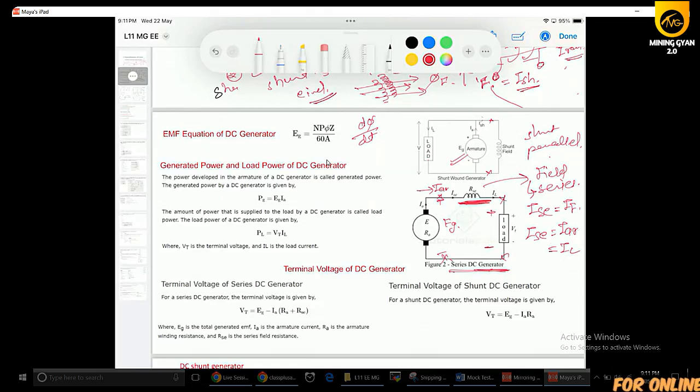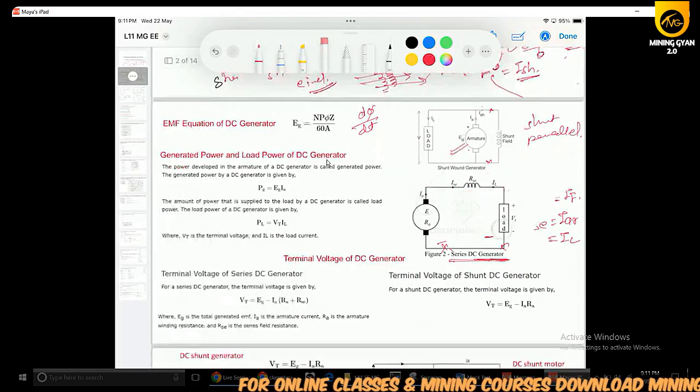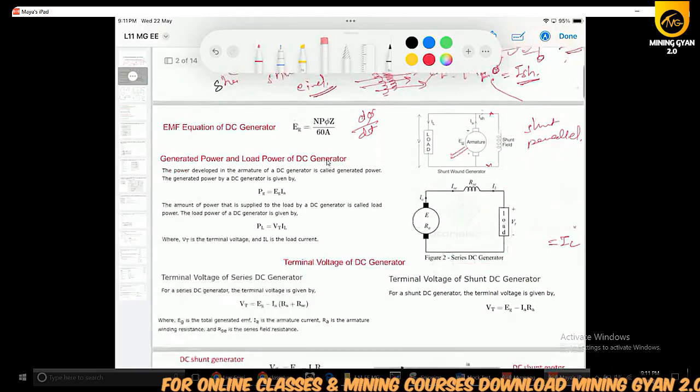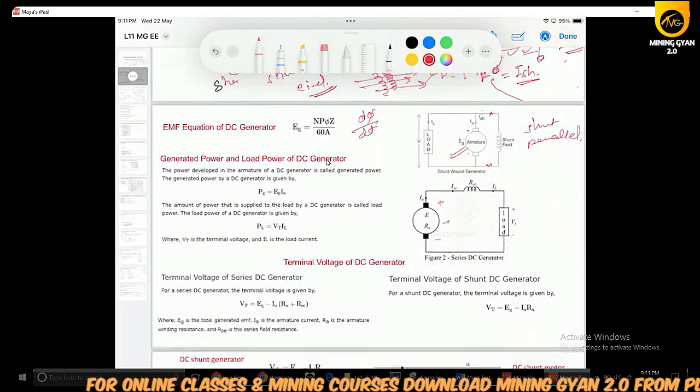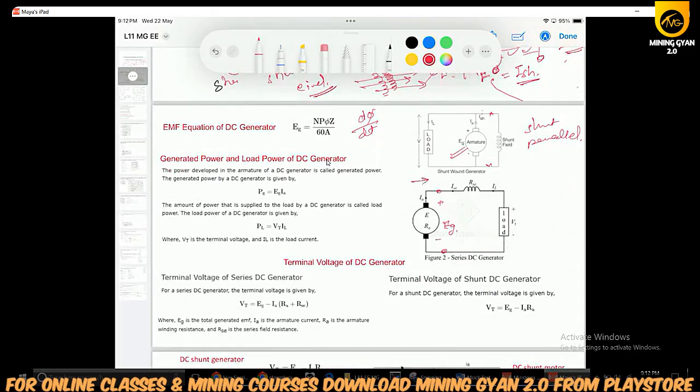So the voltage across the load is called V_T, the terminal voltage, and the current through the load is called I_L, the load current. E_G is the total developed EMF that will be generated across the terminals of the generator, and I_AR is the total current through the armature.